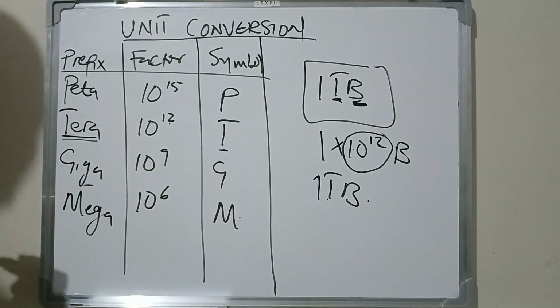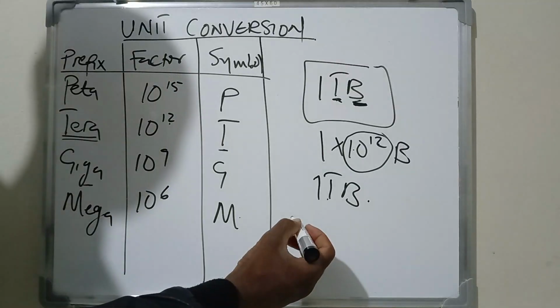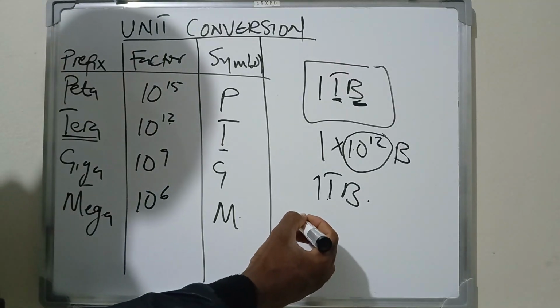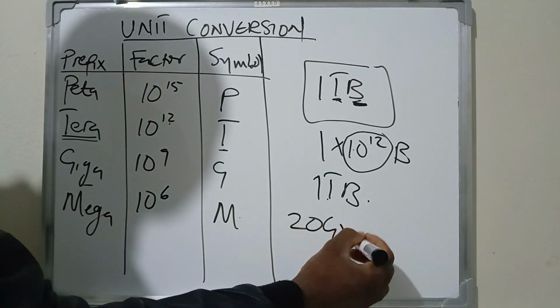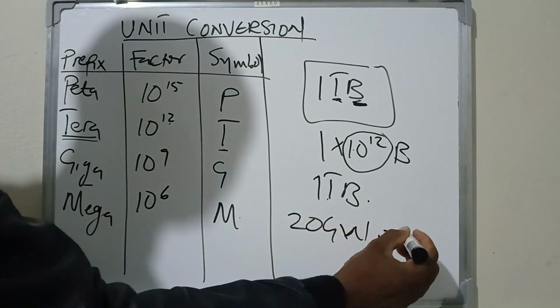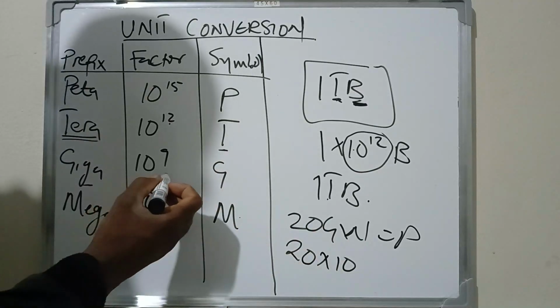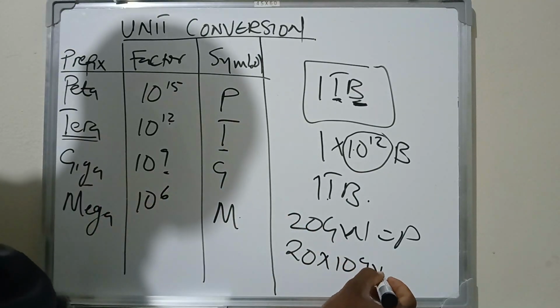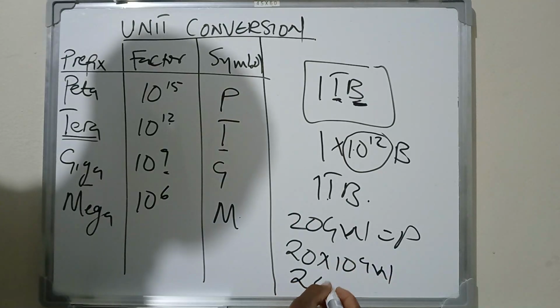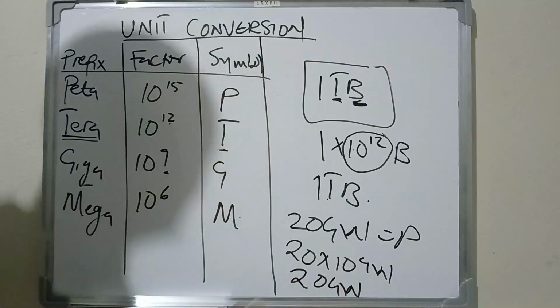Even with giga, you have heard people saying we have got 20 gigawatts in terms of power. So instead of writing 20 times 10 to the power 9 watts, we just say 20 gigawatts.